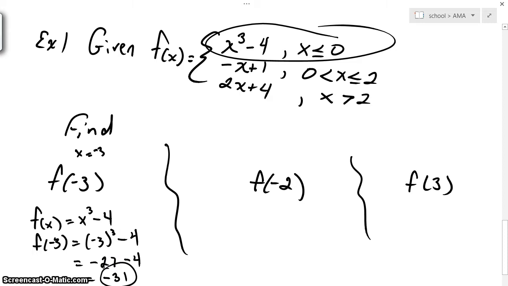When we look at f of, actually I think I wanted to change this second one to positive 2. If it would have been f of negative 2, we'd have to use the exact same assignment that we just had. But if x is equal to 2, maybe this is worth talking about a little bit more, because sometimes students will say, well, I know it's not the first assignment, but there are two other functions that we could have.